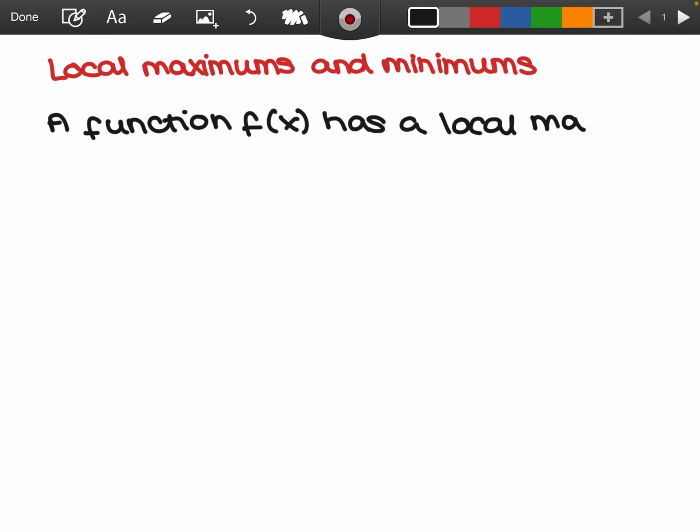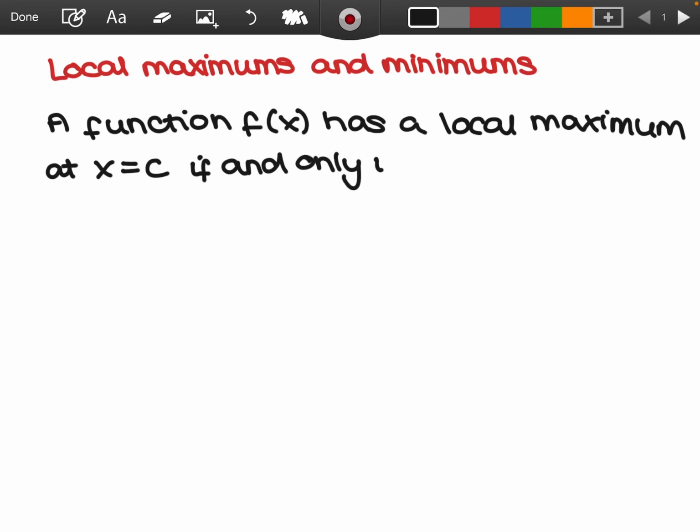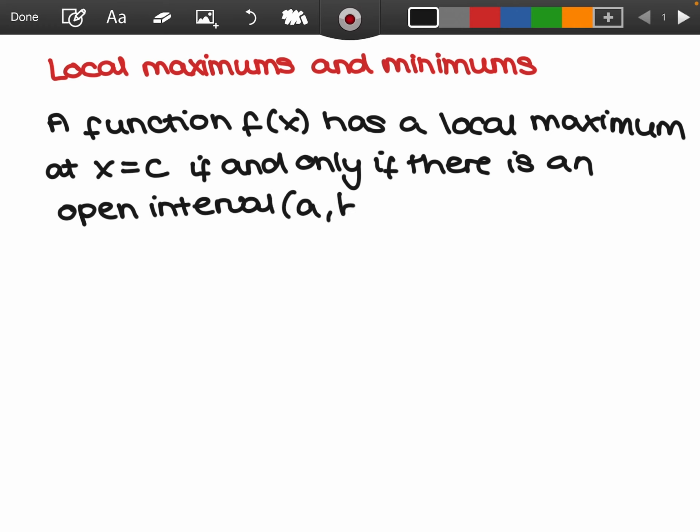has a local maximum at x is equal to c if and only if there is an open interval (a, b) which contains c.